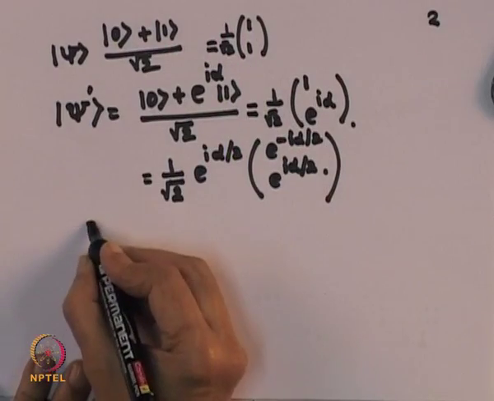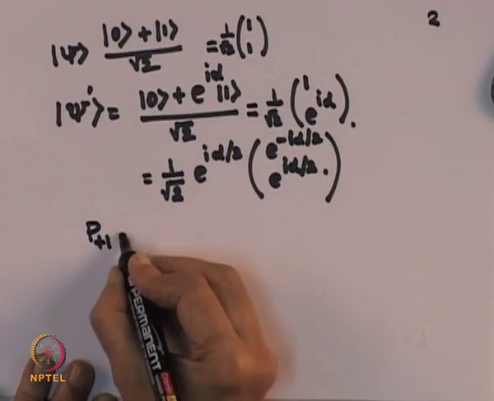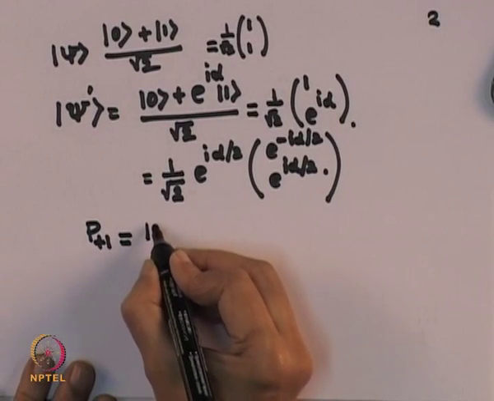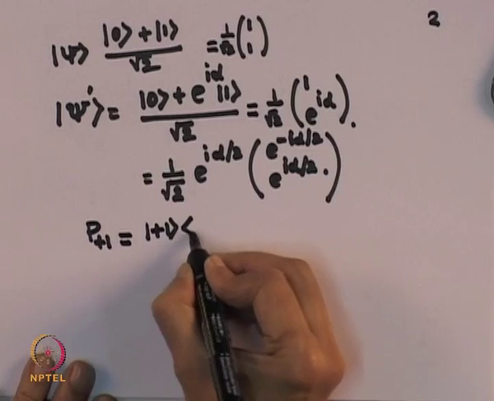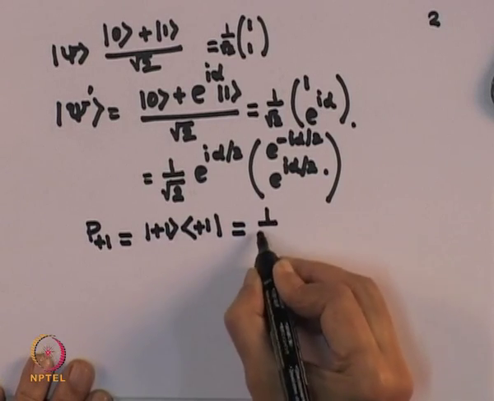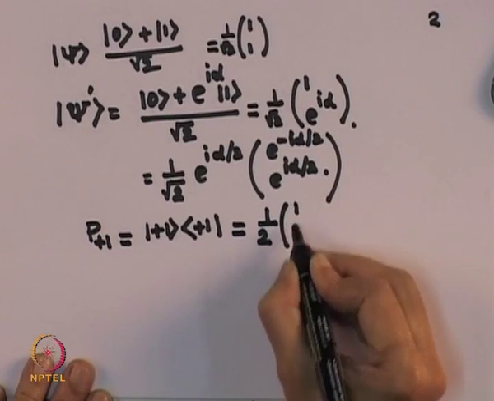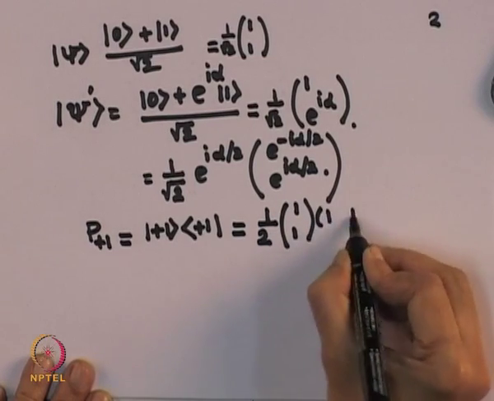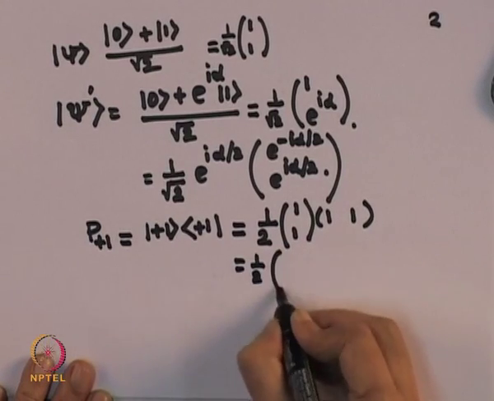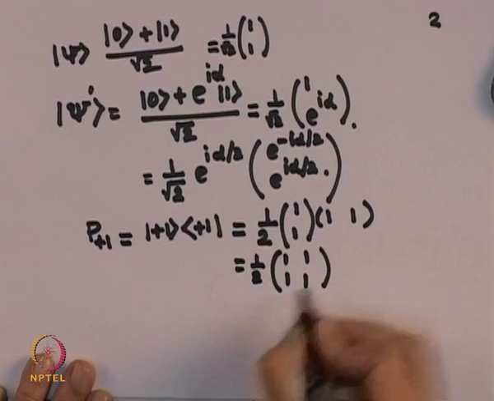Now for that I need the projection operator corresponding to eigenvalue plus 1, and that we know is nothing but this state, and a quick calculation shows that this is 1 by 2, 1, 1, 1, 1. This came from 2 times 1 over square root of 2, which is 1 over 2, 1, 1, 1, 1.